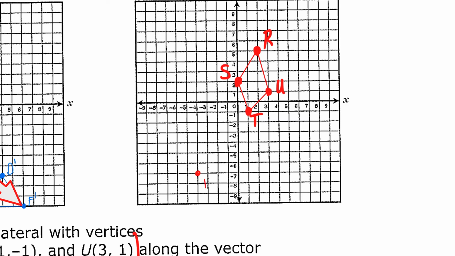Yep. 1, 2, 3, 4, 5. 1, 2, 3, 4. Okay, anyway, so you can see that's what it should be.